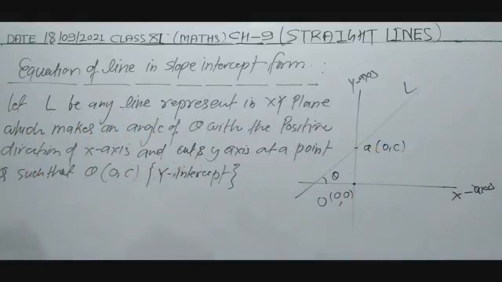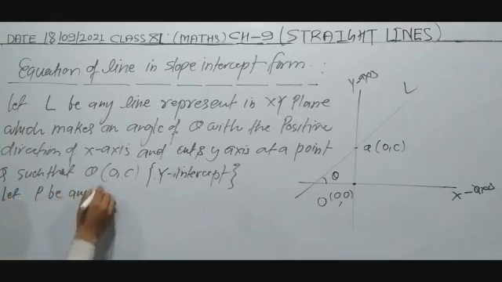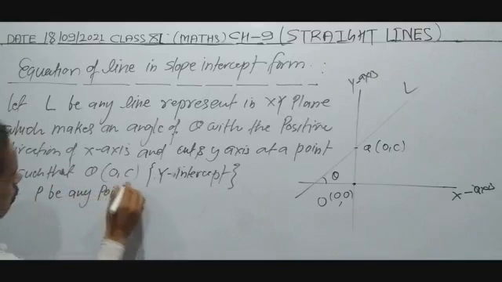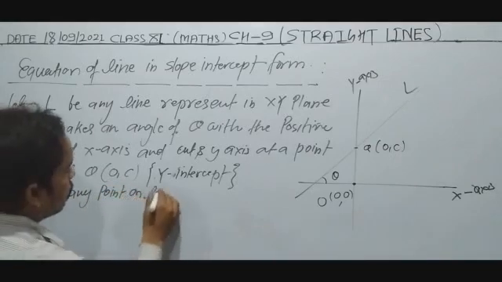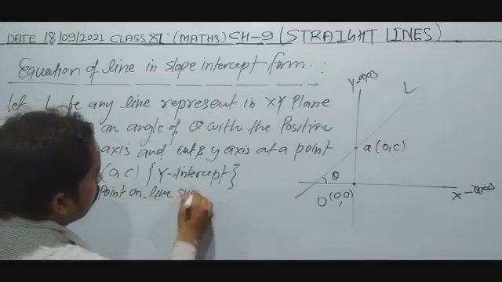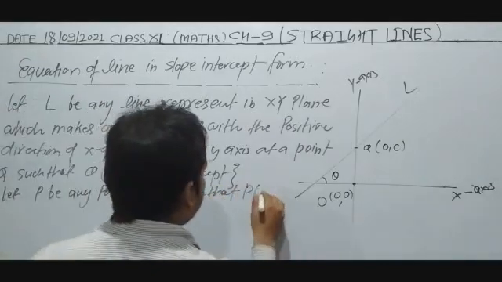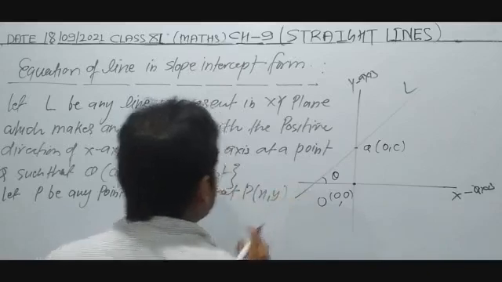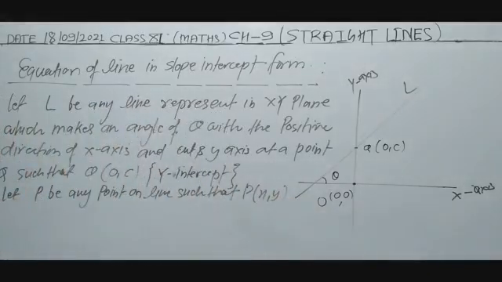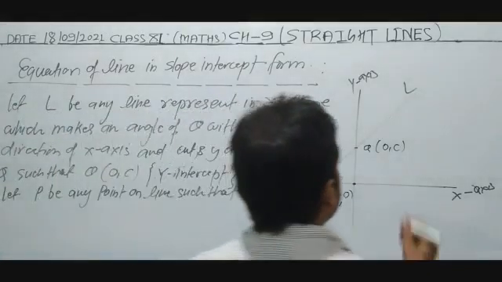Let P be any point on the line such that P coordinate is (x, y).